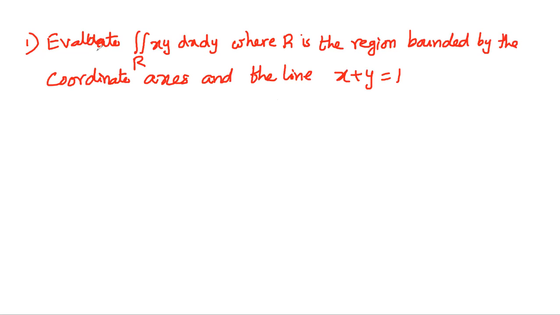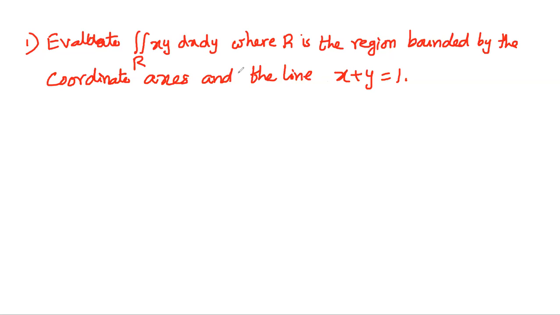Again I'm repeating, evaluate the double integral over R of xy dx dy where R is the region bounded by the coordinate axes and the line x plus y is equal to 1.